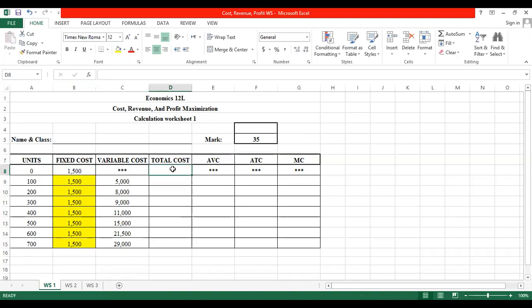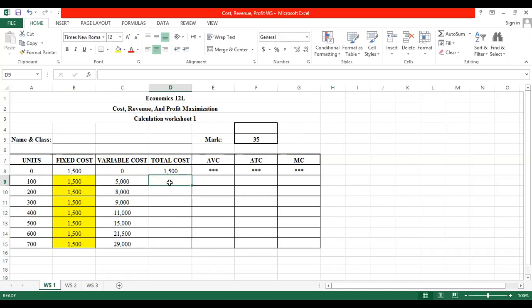Here, total cost. What does total cost mean? It is your fixed cost plus variable cost. But variable cost for now is zero. What I'm doing? I'm using my formula: equals, I'm coming to my fixed cost plus my variable cost, and it's coming 1,500.